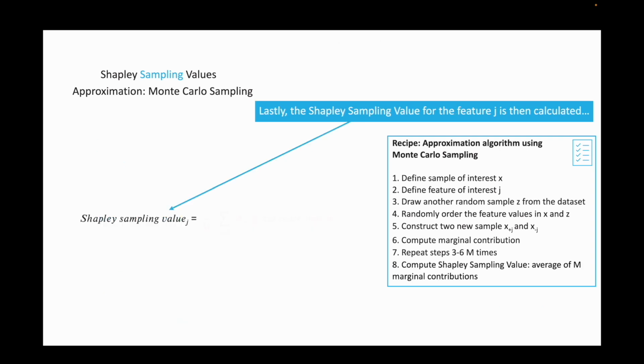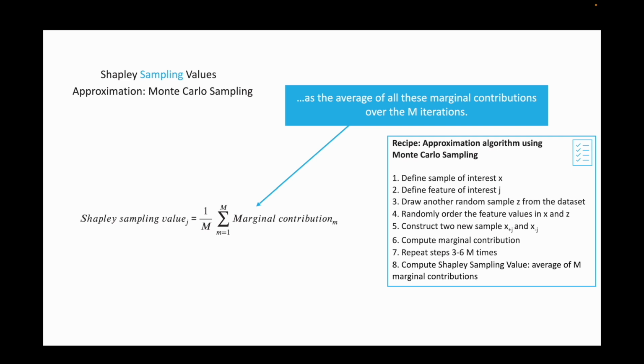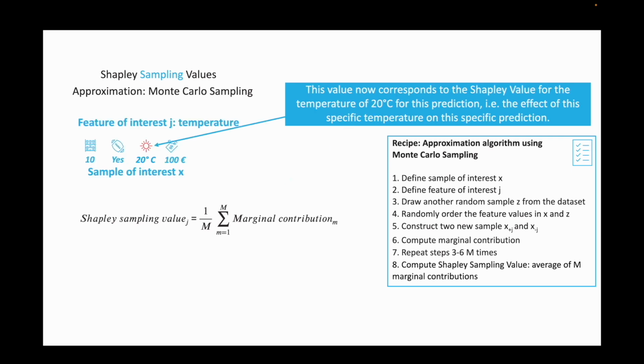Lastly, the Shapley sampling value for the feature j is then calculated as the average of all these marginal contributions over the m iterations. This value now corresponds to the Shapley value for the temperature of 20 degrees Celsius for this prediction, that is, the effect of this specific temperature on this specific prediction.